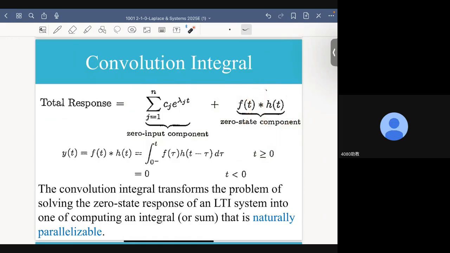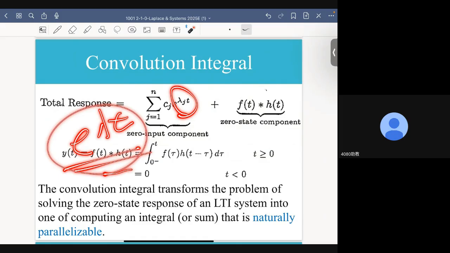The first term represents the zero input response, where these lambdas are the eigenvalues or the poles of our system, and e to the lambda t represents a mode of our system.